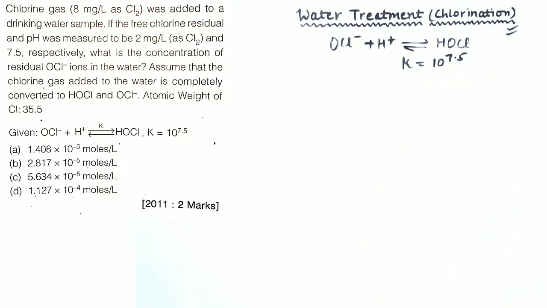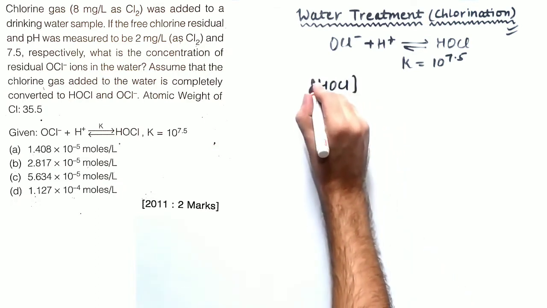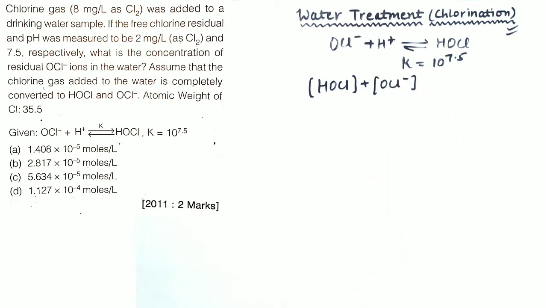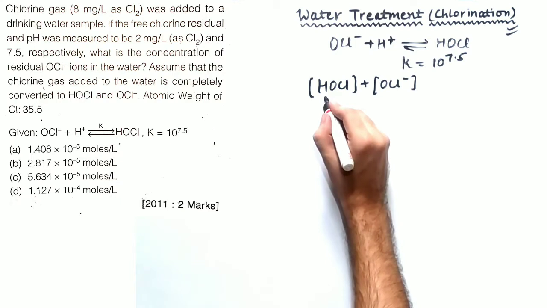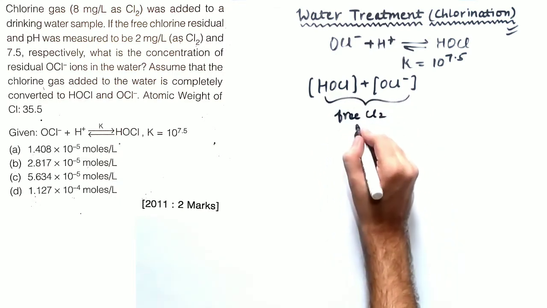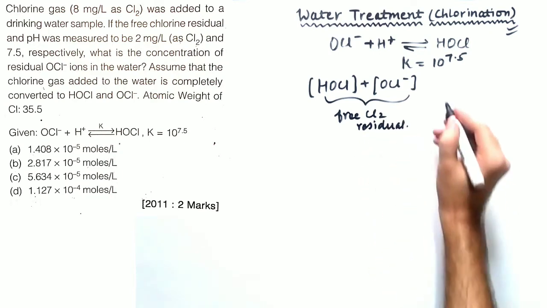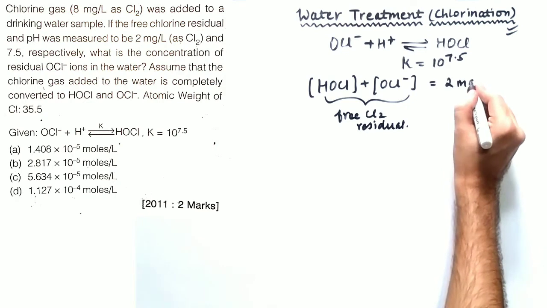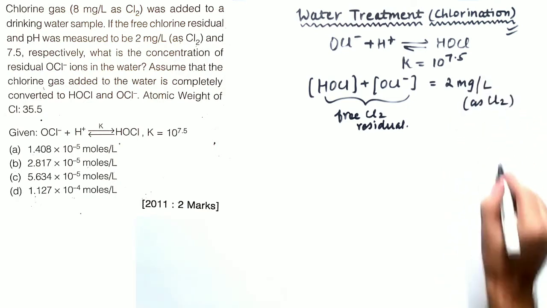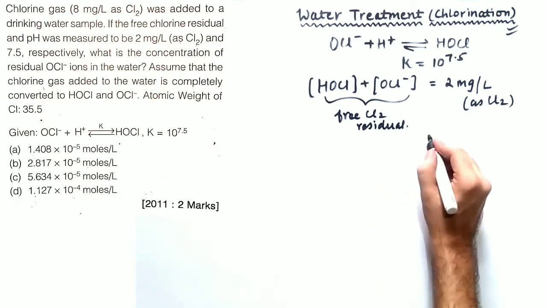Also, you are given HOCl plus OCl negative. You all might know that this is called free chlorine residual, and this is given as 2 mg per liter. But this is as Cl2; this is measured as Cl2.